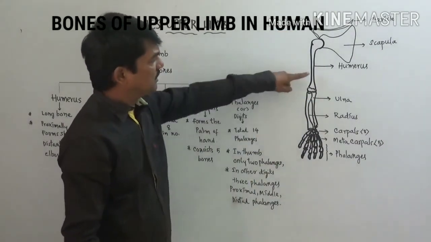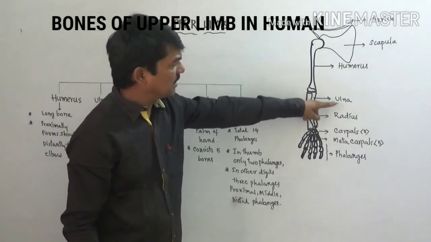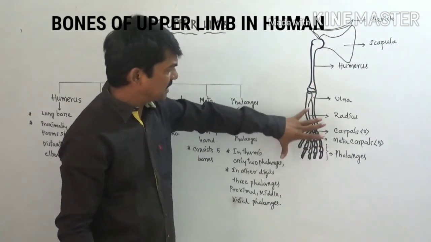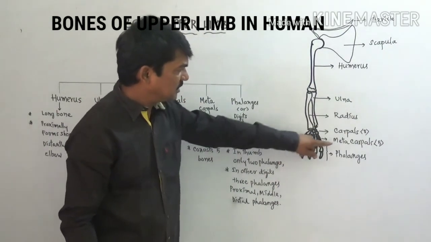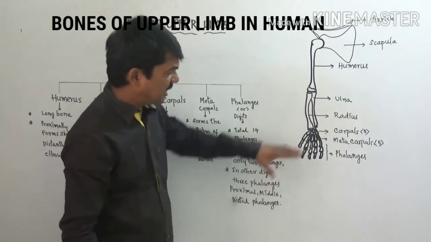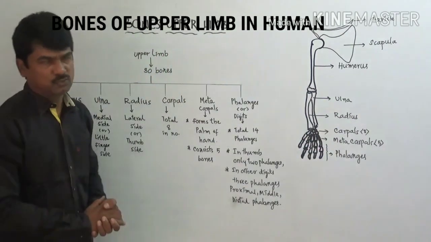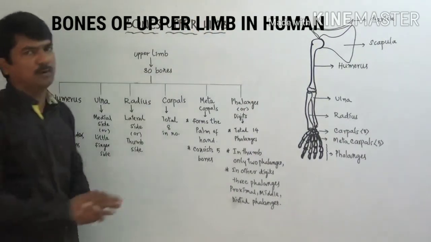This is called the humerus, and just below that is the ulna, and here is the radius. Just below that a bunch of bones are there, called carpals, and then metacarpals are present, and finally phalanges or digits. By all these bones the total arm or upper limb is formed.